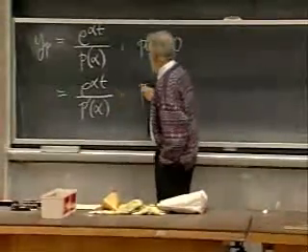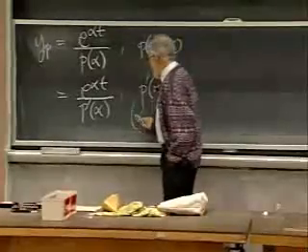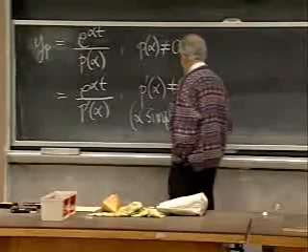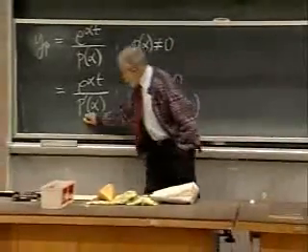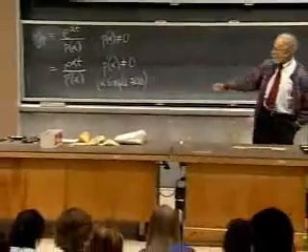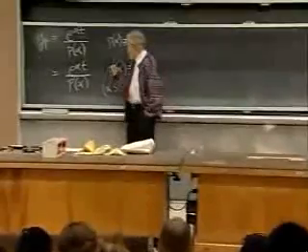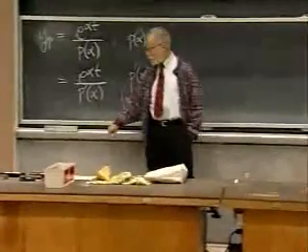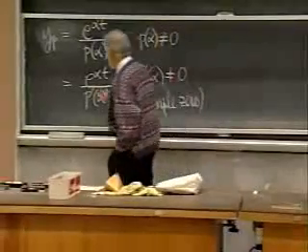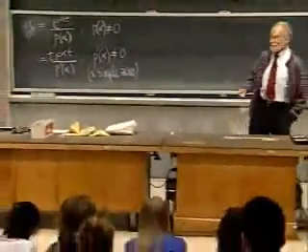This will be okay, provided that p prime of alpha is not 0. That means that alpha is a simple zero of p. And then there's one more case, which since I won't need today, I won't write on the board, but you'll need it for homework, so make sure you know it. If this is 0, then you've got a double root, and there's still a different formula. And this is wrong because I forgot the t. Yes, I could tell from your faces.